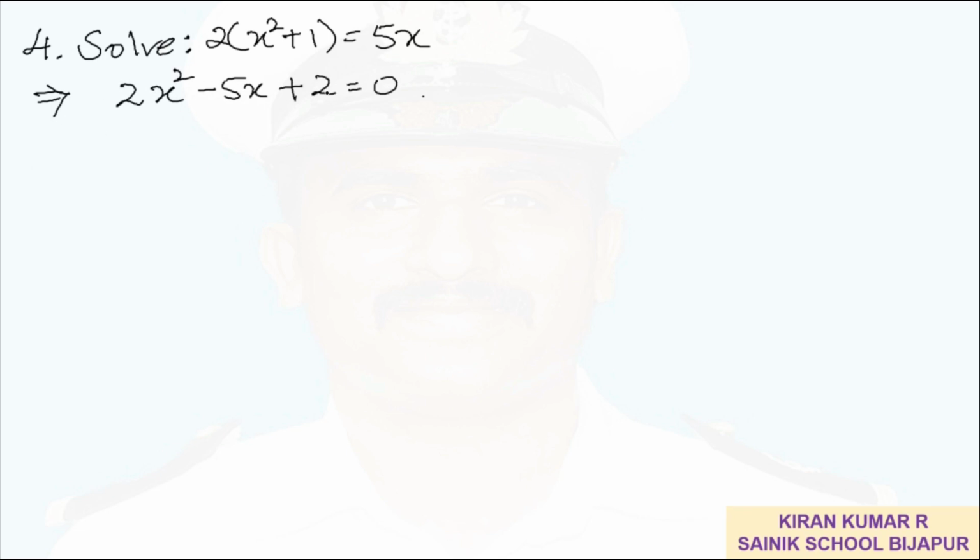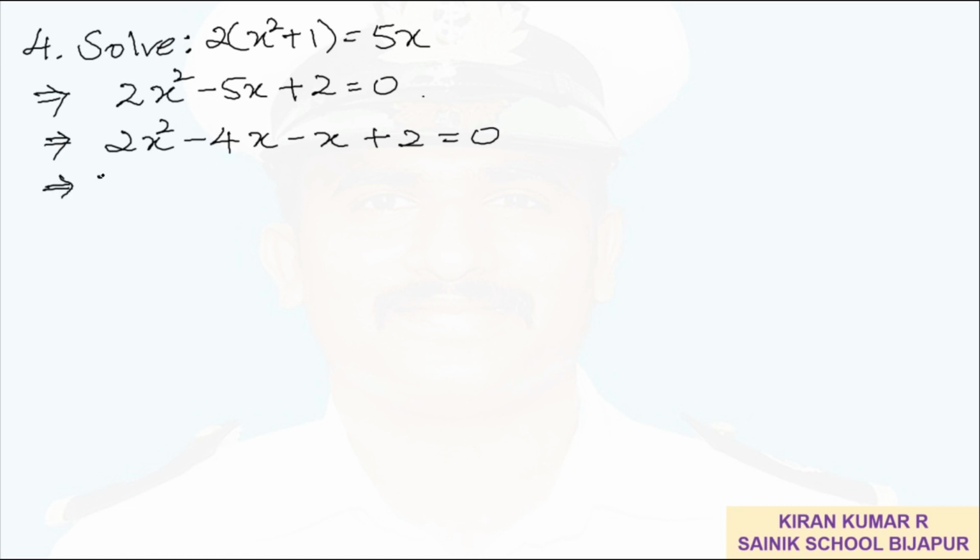Now the product is positive 4 and the sum is negative 5. The combination of minus 4 and minus 1 would work out. This implies 2x square minus 4x minus x plus 2 equal to 0.